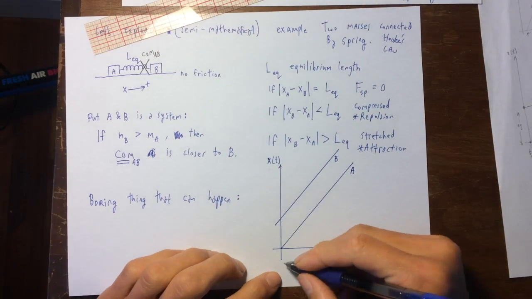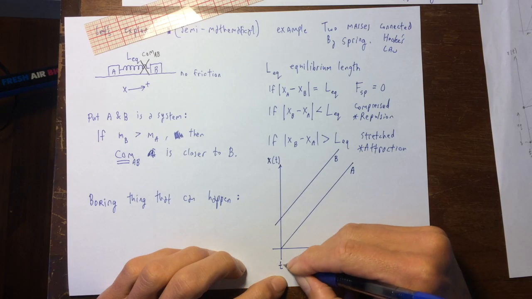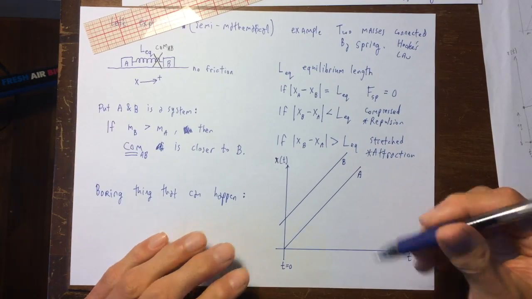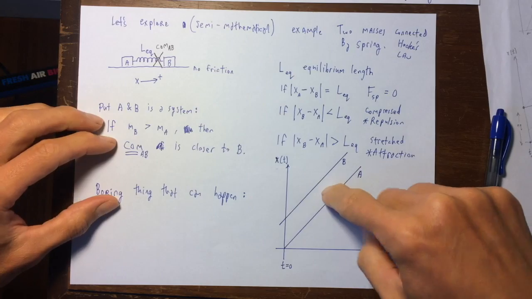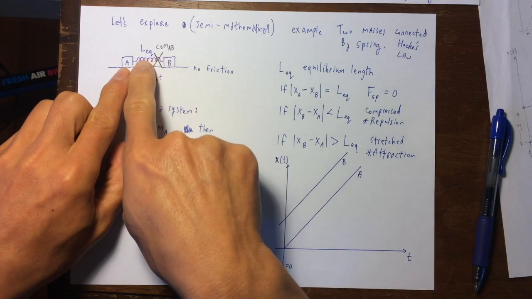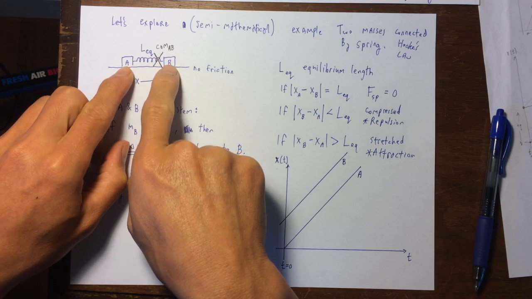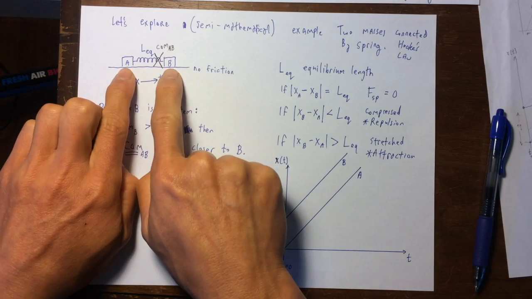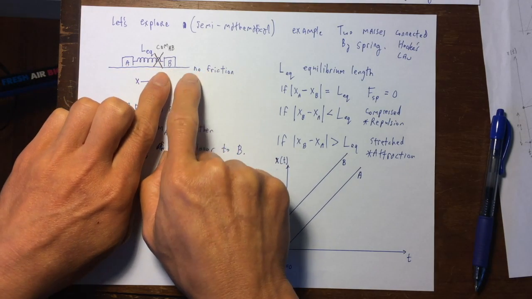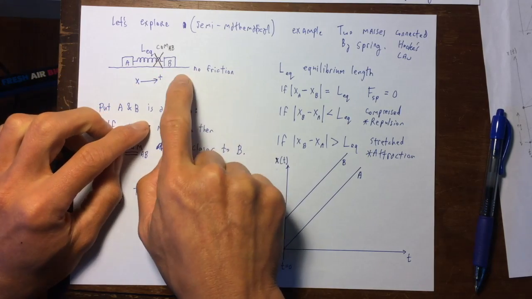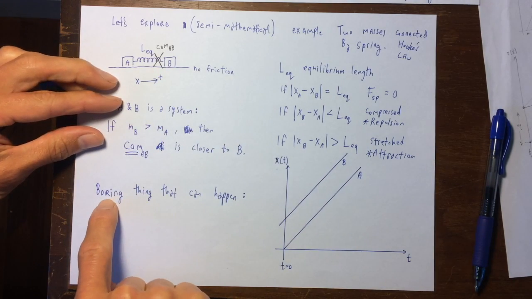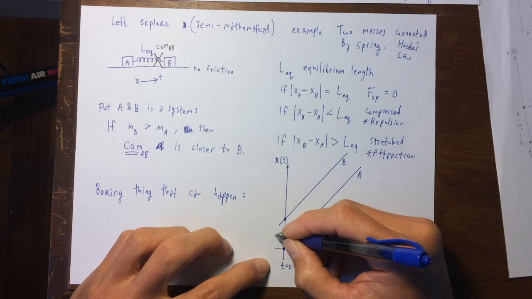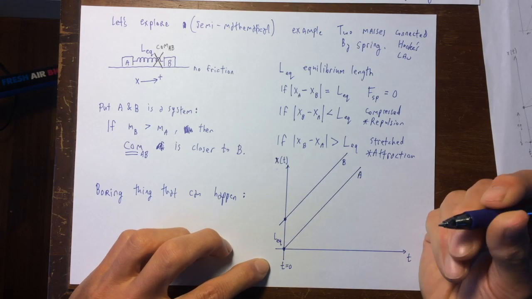And for example, down here at t equals 0, this would be what would happen if these two things had the equilibrium length between them, so the spring is neither pushing them apart nor pulling them in, and they were just gliding at constant speed along this frictionless horizontal floor. Honestly, really boring, right? But this is one of the things that can happen. So we'll say that the distance here is L equilibrium.